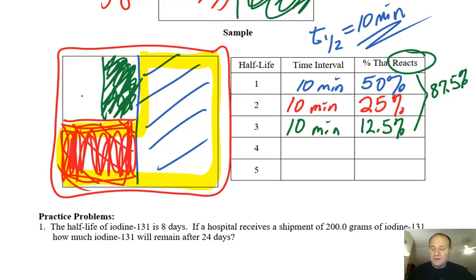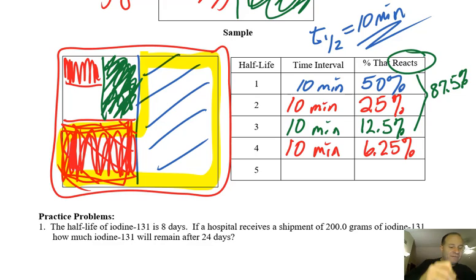So there are two ways we can say how much has reacted versus how much remains, how much has gone away versus how much is still left over. If we continue on, and again I think you only need one example and then some practice, another 10 minutes goes, and we cut that in half. How much has reacted? 6.25%.